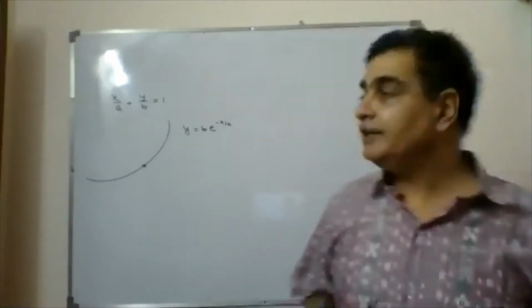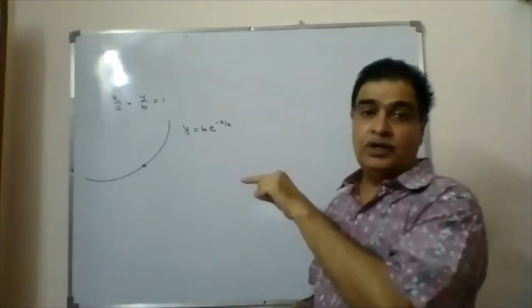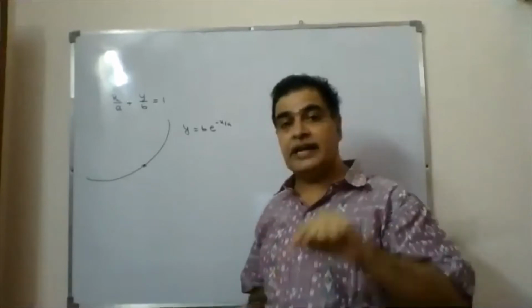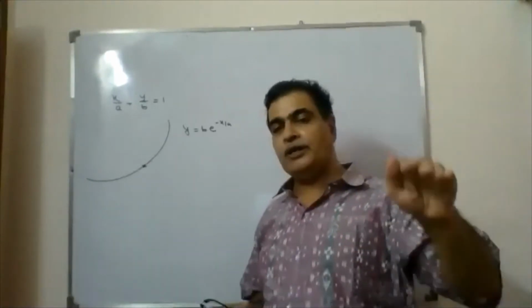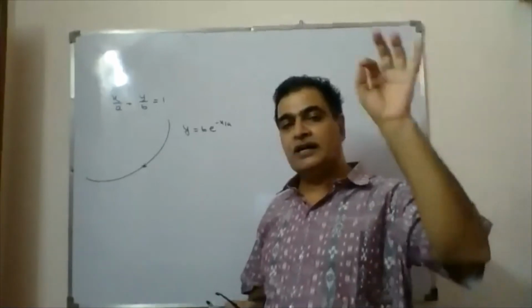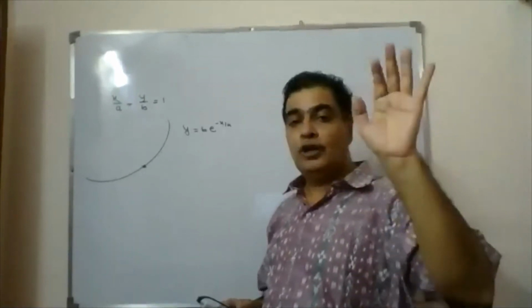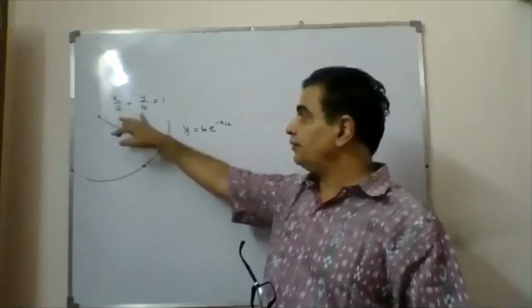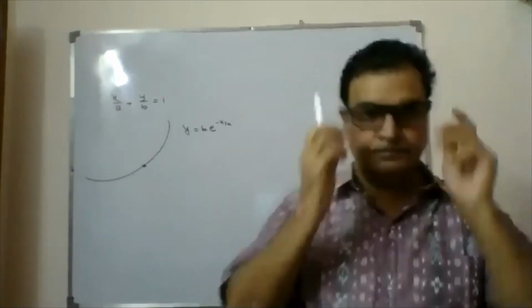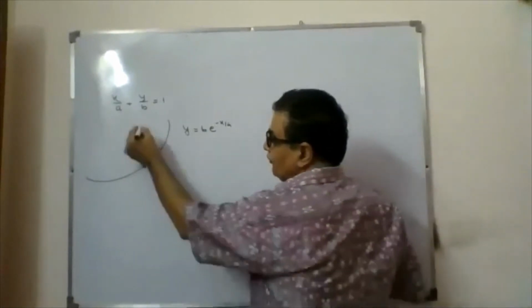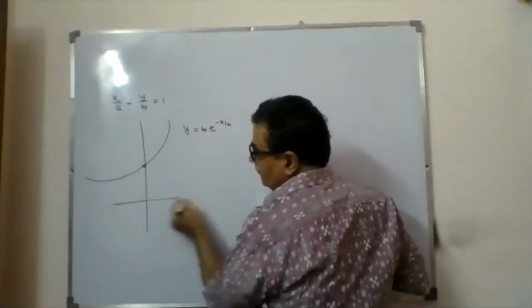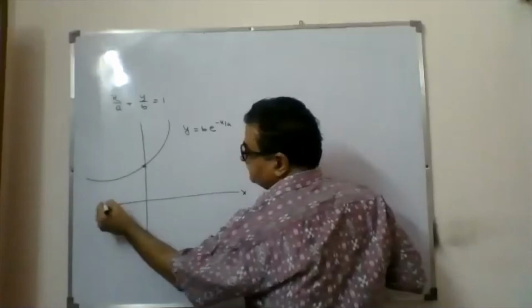I just repeat it. This is the curve we have. This curve intersects the y-axis at some place. Whatever the point where it will cut the y-axis, at that point, if we draw the tangent, that must be this. So if I take the y-axis, this will be the y-axis, this is the x-axis.